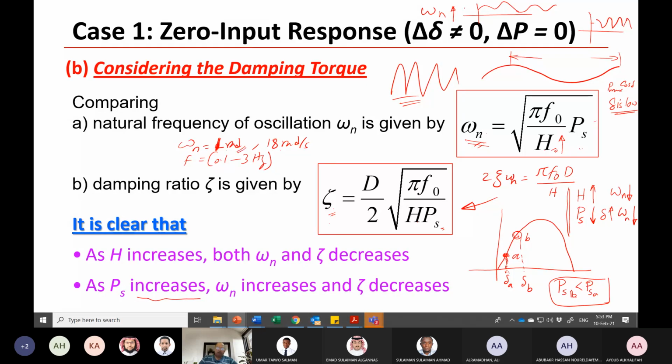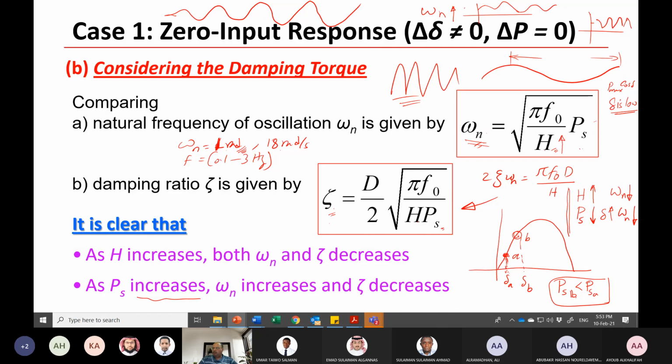Maybe if there is no damping for this system, the oscillation will increase very slowly, but will increase with time, and the system becomes unstable. The natural frequency doesn't indicate or carry any information about stability.